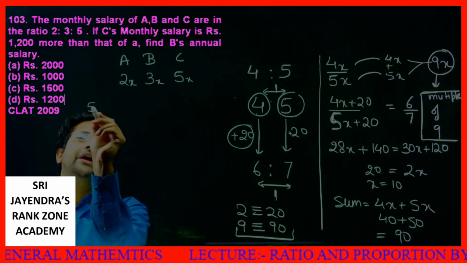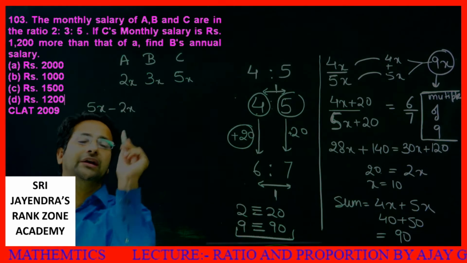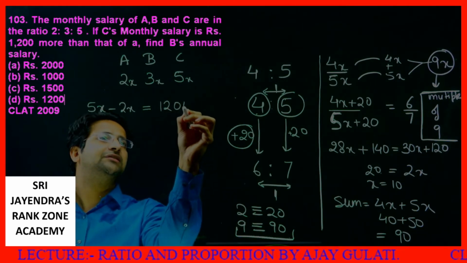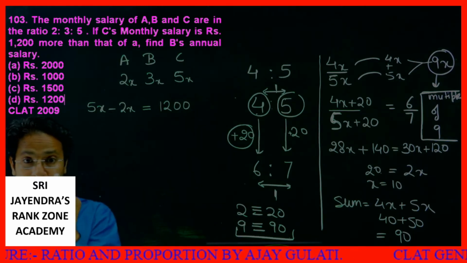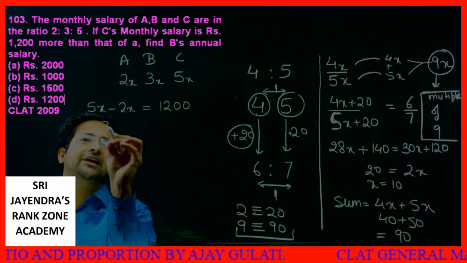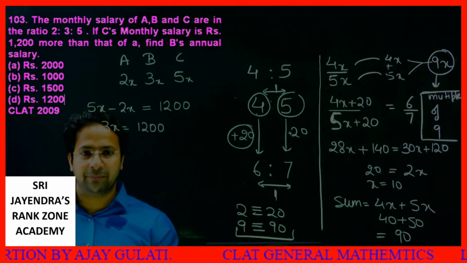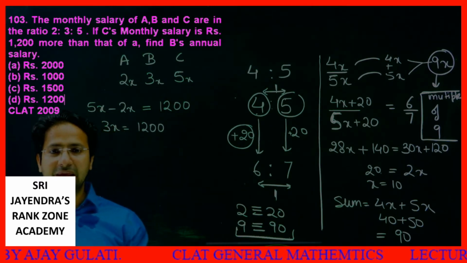We are provided 5x minus 2x is equal to 1200. This is the monthly salary. So 3x is equal to 1200. Find B's annual salary.